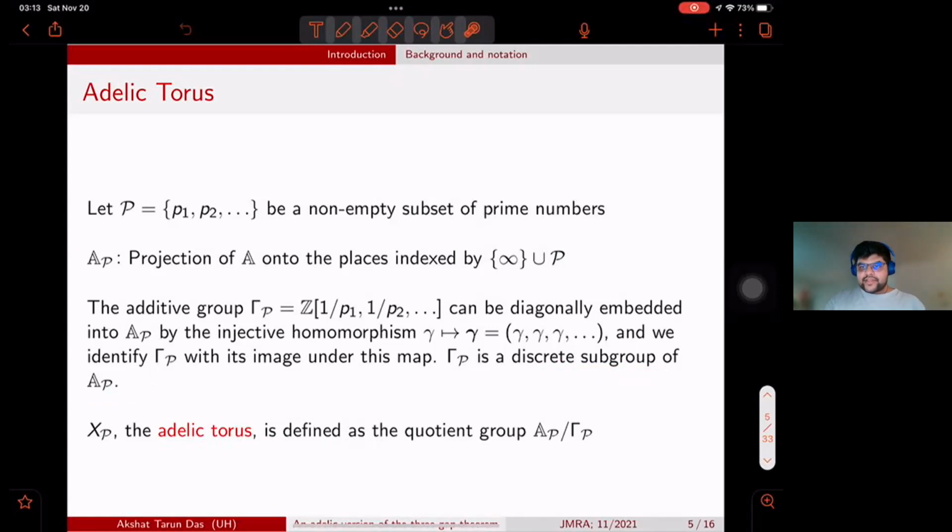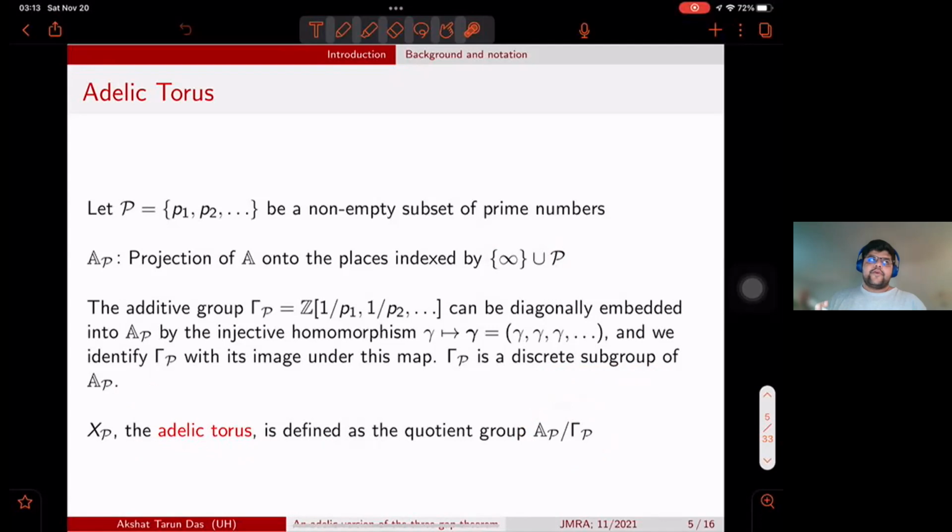So now this gives us the machinery to go ahead and define the adelic torus, which is the quotient group AP mod gamma P. Okay, so this is a nice connected, compact, metrizable abelian group.